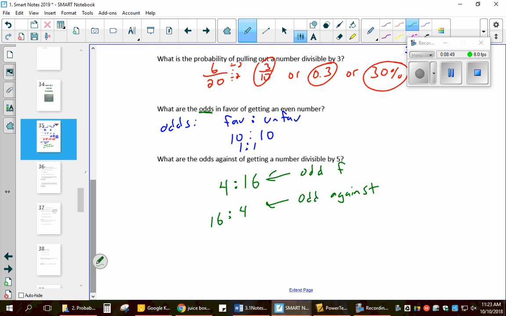Odds for is what that first one was. Okay, and then last thing though, you'd want to simplify this again. So what can you divide 16 and 4 both by? 4, so 16 divided by 4 is 4. 4 divided by 4 is 1. So your odds against getting a number divisible by 5 are 4 to 1.